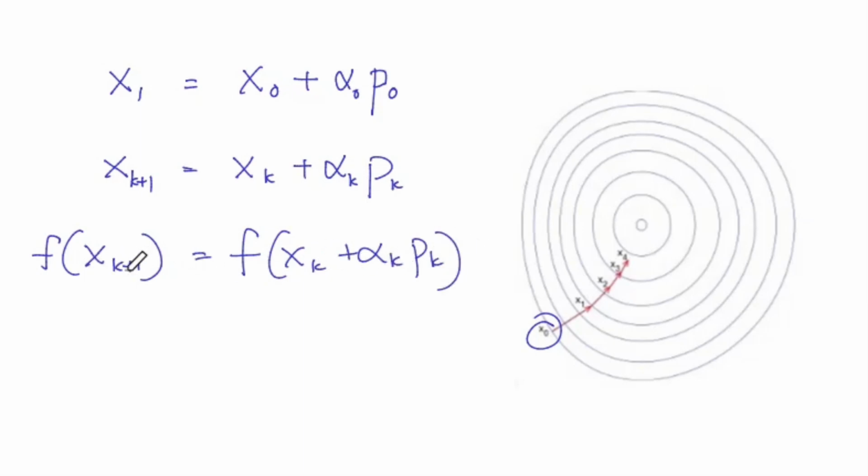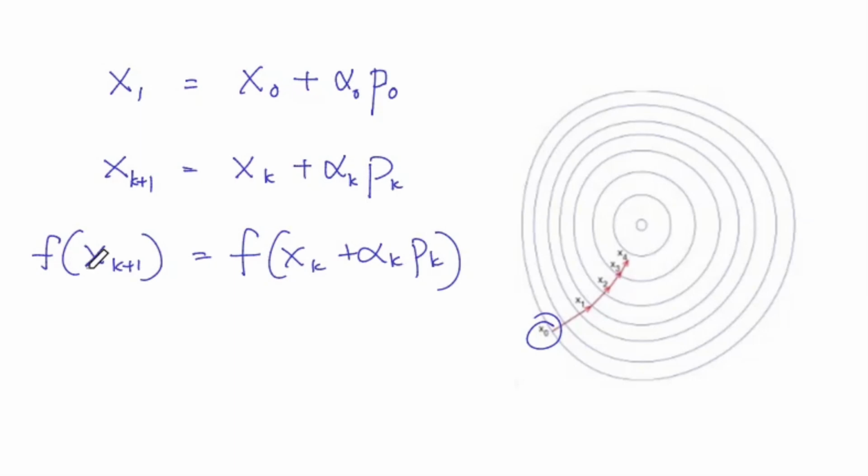Seems like the cost function is a function of the point. Yes, it is true. This point has a different cost function value compared to this point, and so on. The position is the variable we have in the cost function.